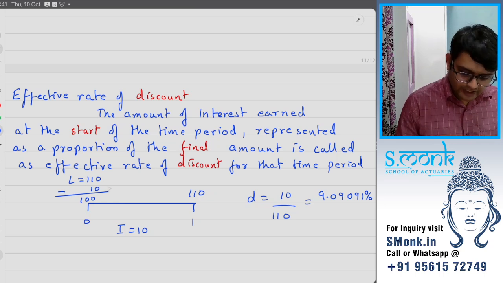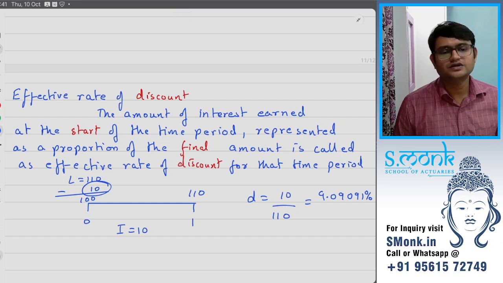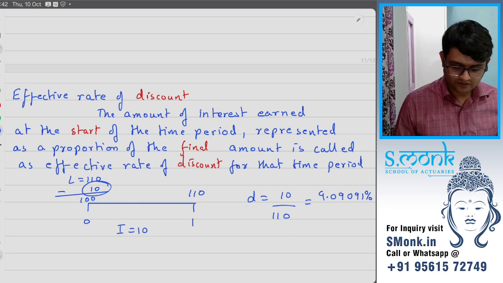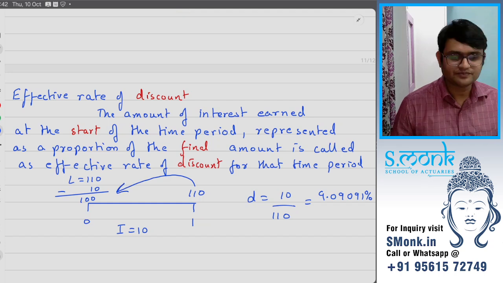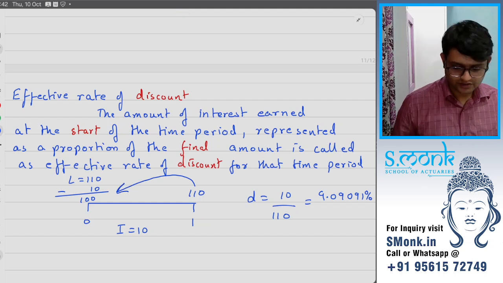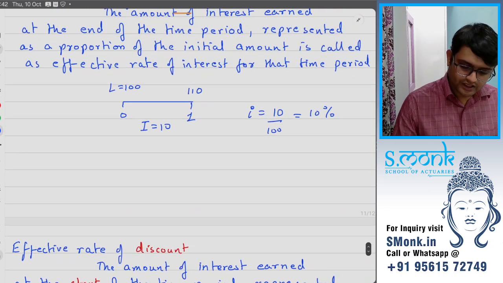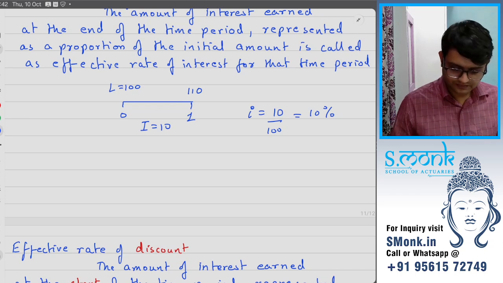When I say I am deducting the interest at the beginning of the year, that is just conceptual. It's just conceptual because, as I said, in rate of discount we are assuming we are going back in time. That's the concept, nothing else. So actually the cash flow has not changed.